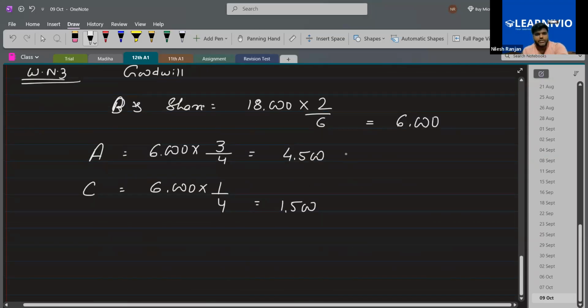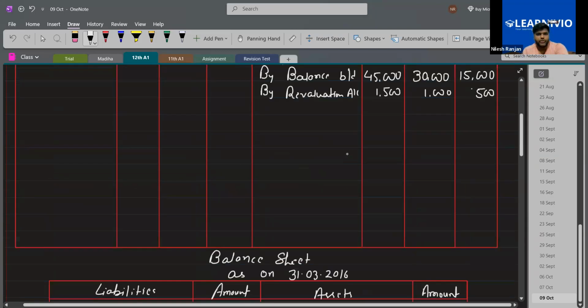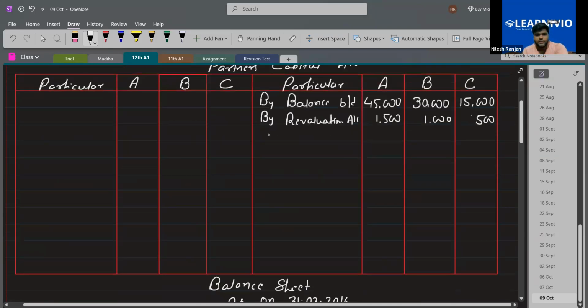B is getting 6,000, and these two will pay by A and C capital 6,000 and to B capital 4,500 and 1,500.